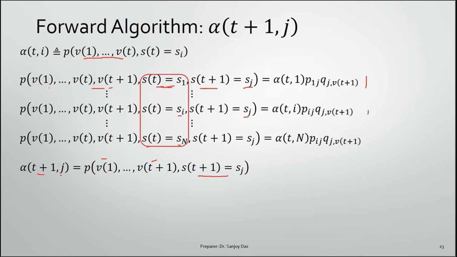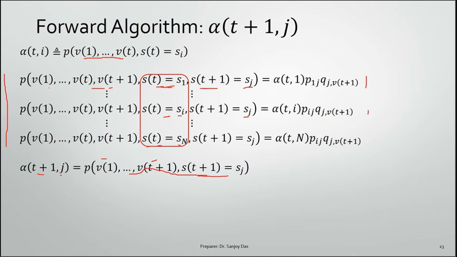What we have to do is, we see here we have computed these probabilities, and the additional requirement is ST is S1 in the first one, ST equals SI in the ith one, and ST equals SN.